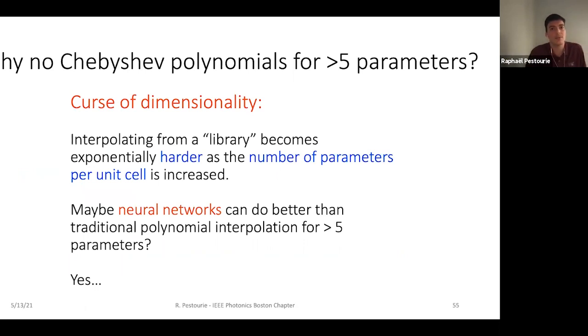As I told you, Chebyshev interpolation suffers from the curse of dimensionality. It needs a number of training points that is exponential in the number of parameters, so it doesn't really work. But neural networks are actually working pretty well there.